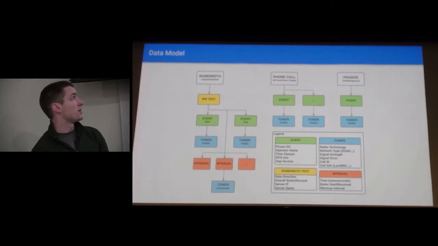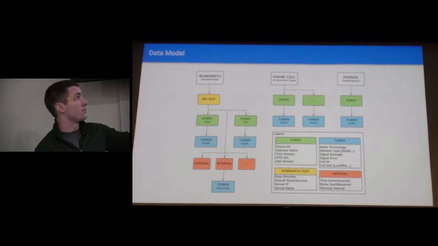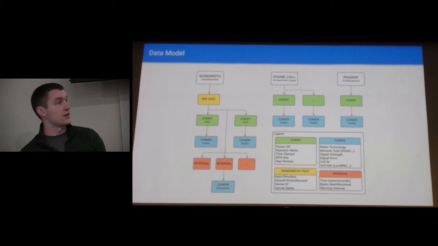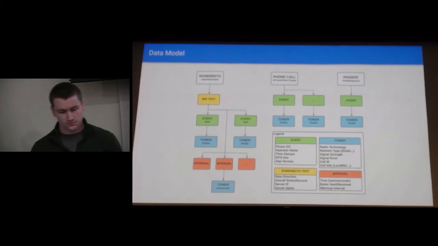And we also collect a list of intervals during the test, and each interval is just a 200 millisecond slice out of the test that shows the bandwidth that was achieved during that slice, so that researchers can see how the bandwidth changes over a long transmission. And again, just to hit that point on the head, all this data that we're collecting is anonymized.